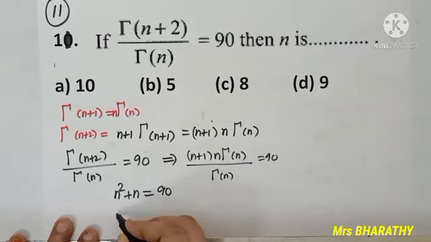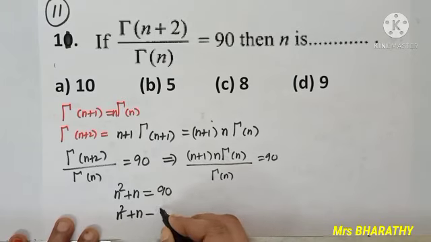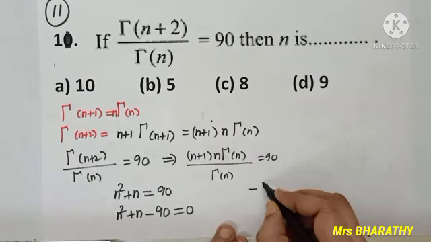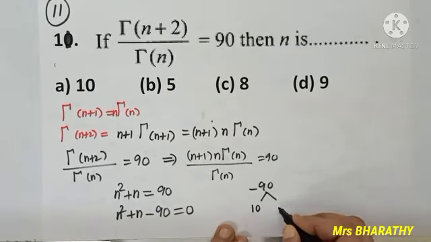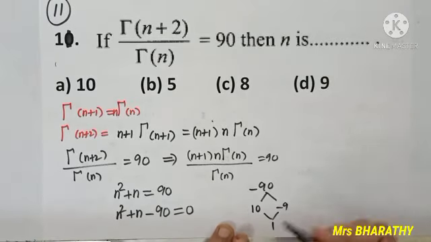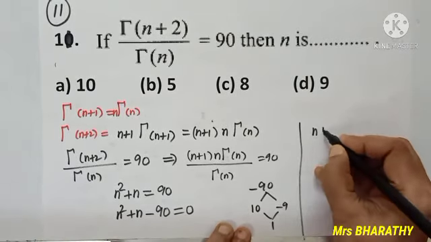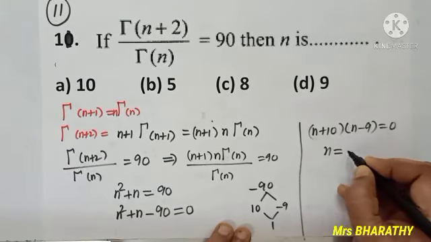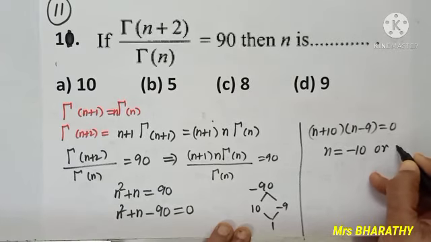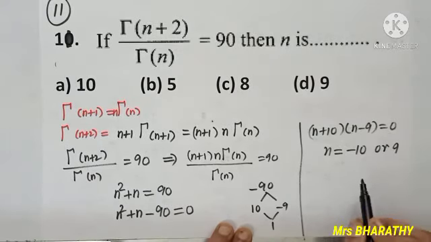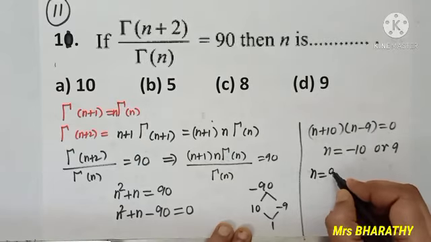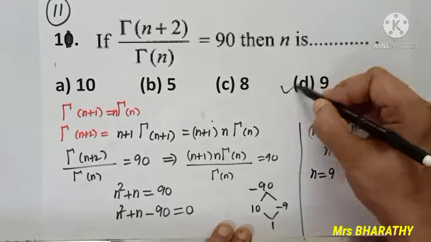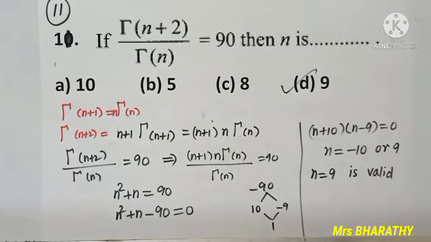Bringing it to the same side, we get n square plus n minus 90 equals 0. As I factorize, I get 10 and minus 9. So our answer will be n plus 10 into n minus 9 is 0. N is equal to minus 10 or 9. But only positive value is valid. So n is equal to 9 is valid and the right option is D.